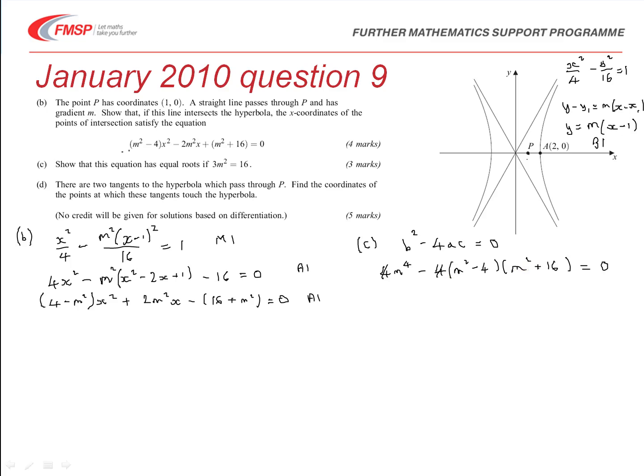We're going to get a minus 4m squared from this piece, and with this piece there's a negative, so that's just going to give us 4m squared. Then I've got a 16 times that m squared with a negative sign there, so that's minus 16m squared.